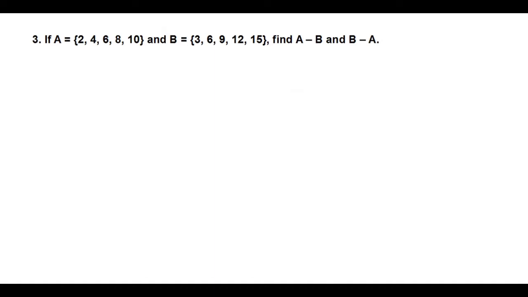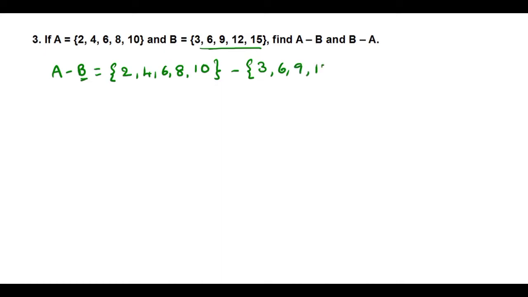Question number 3. We need to find A minus B and B minus A. First, A minus B. A minus B means first you write the elements from set A: 2, 4, 6, 8, 10, minus set B. Set B means we write these elements: 3, 6, 9, 12, 15.